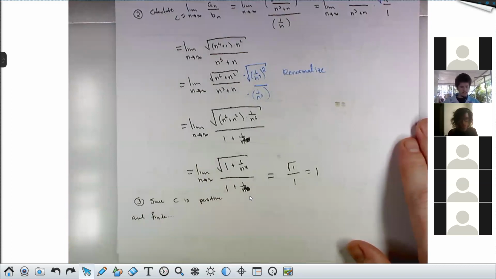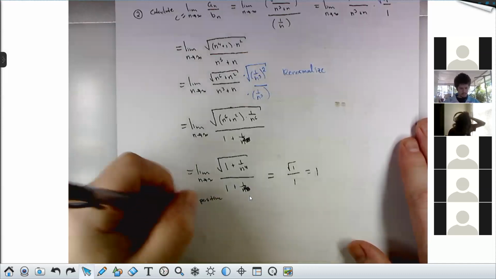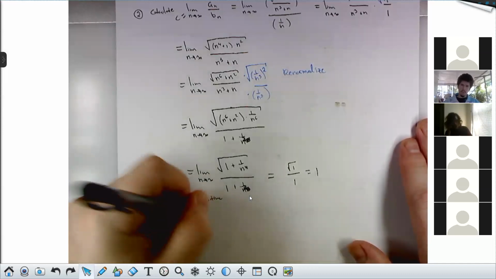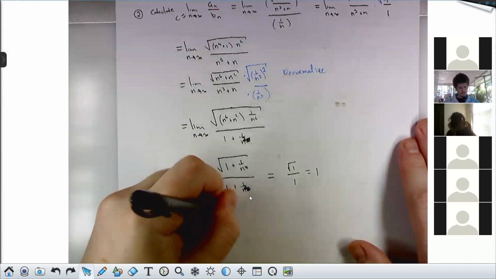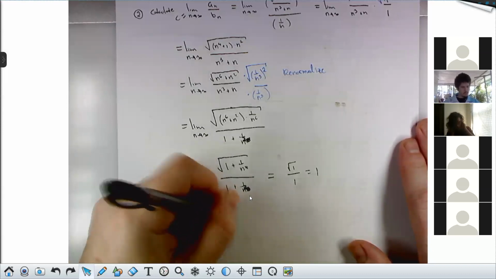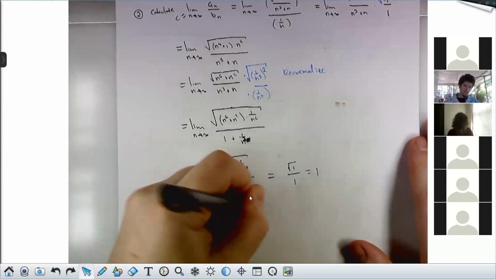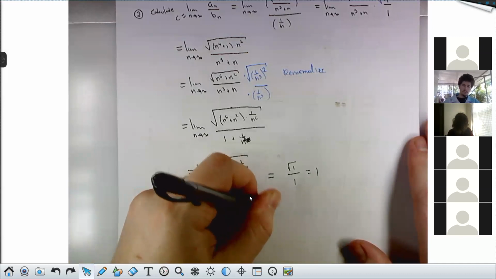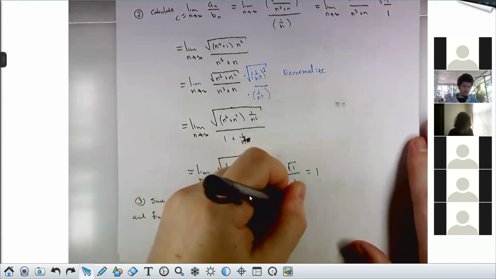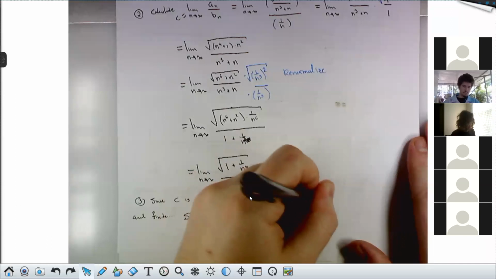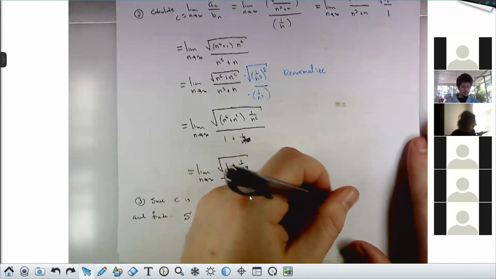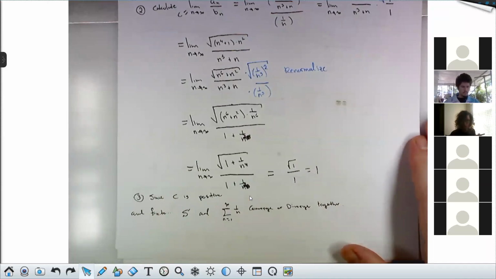Since c is positive and finite, they converge or diverge together. Good. S and the sum from n equals 1 to infinity of 1 over n converge or diverge together, meaning they do the same thing.